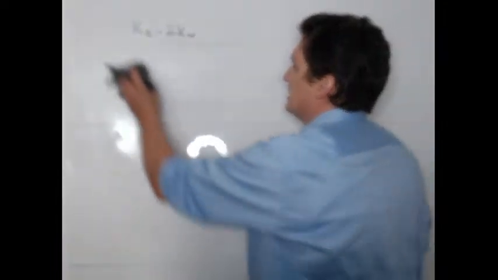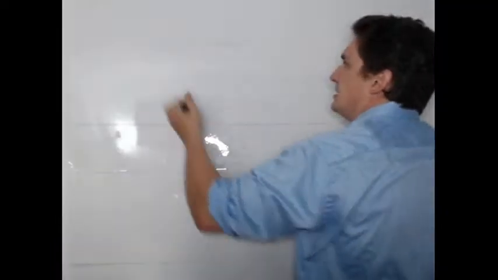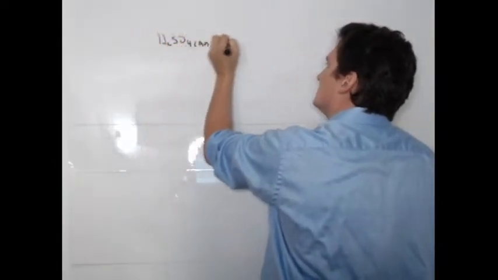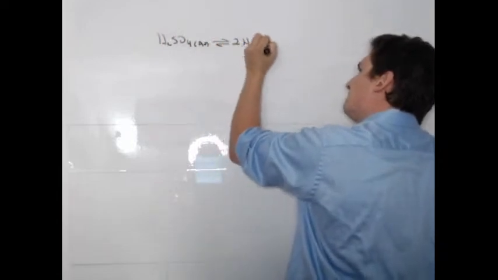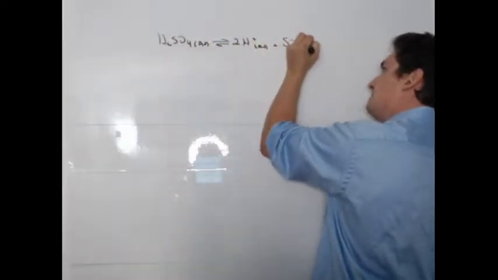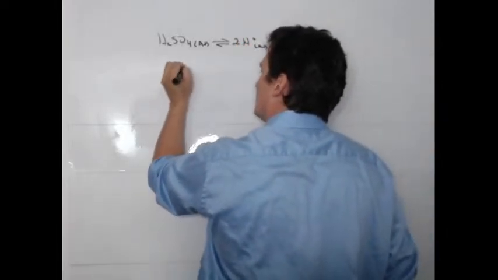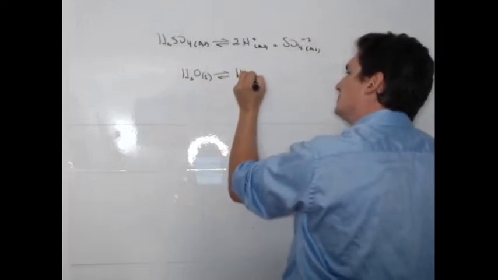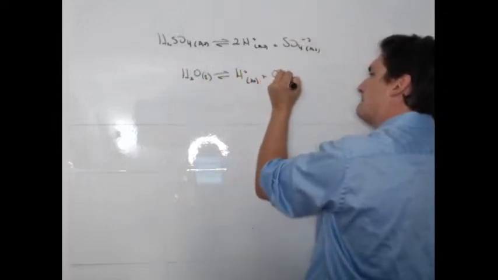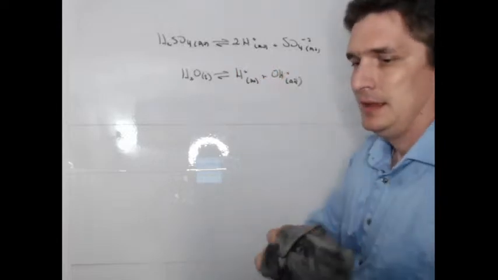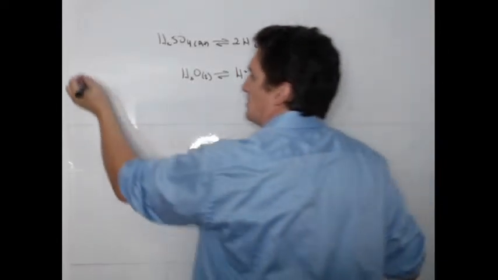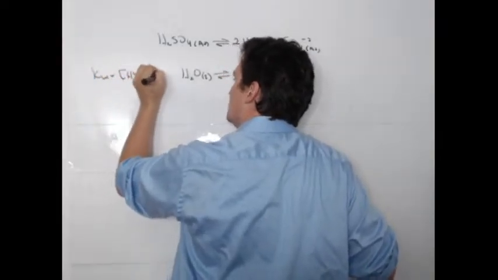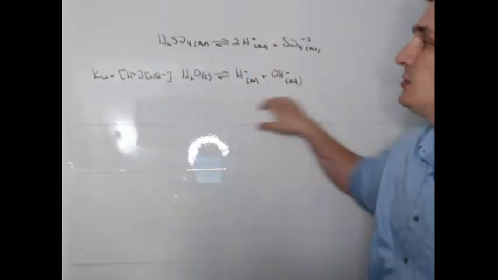But the other way to look at it is, so let's say I take the same reaction, and I'm going to write out Kw in terms of Q. So Kw here is concentration of H plus, concentration of OH minus. Now let's say I double this reaction.